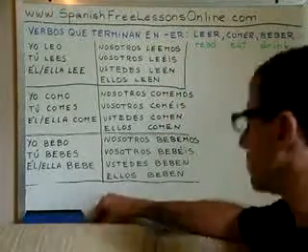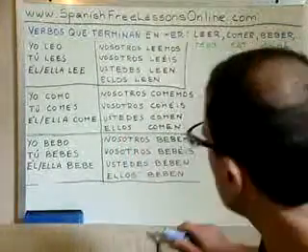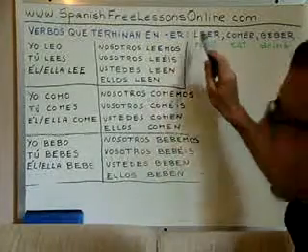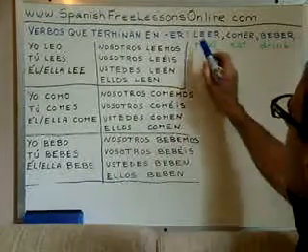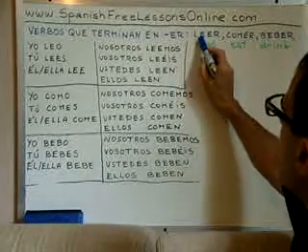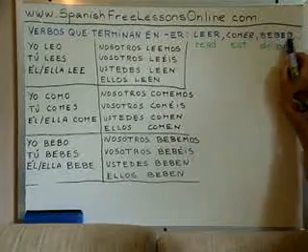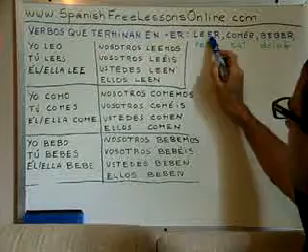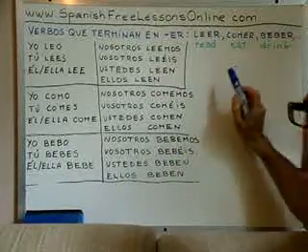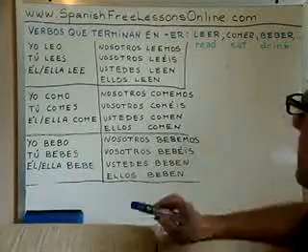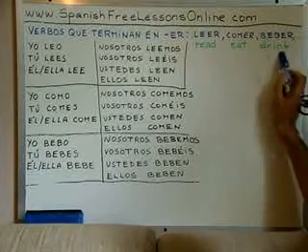So here we have some few examples. Let me get a pen. So, we have three examples here, right? Typical, simple examples. Leer, comer, beber. Leer means to read. Comer means to eat. And beber means to drink.